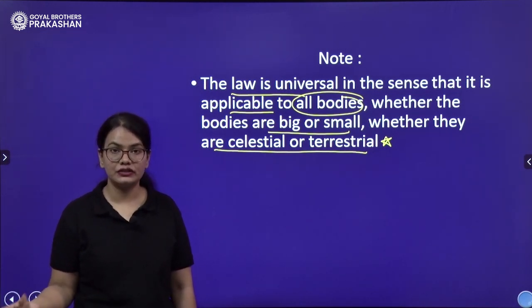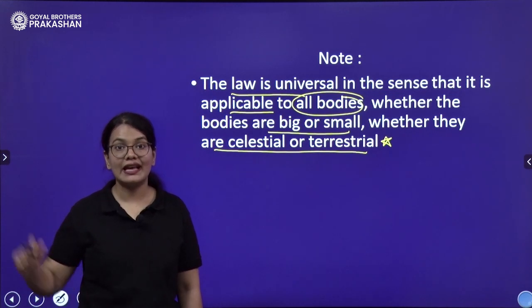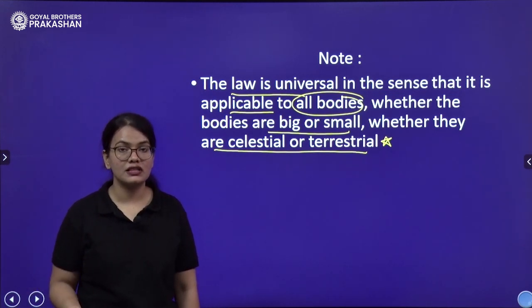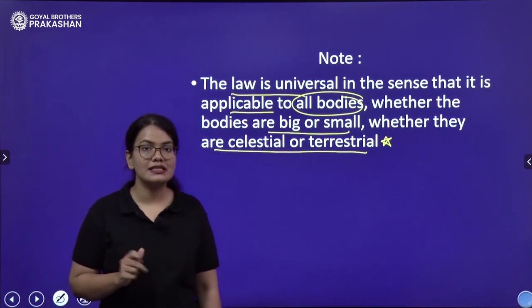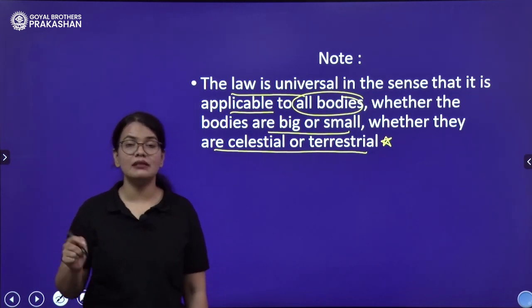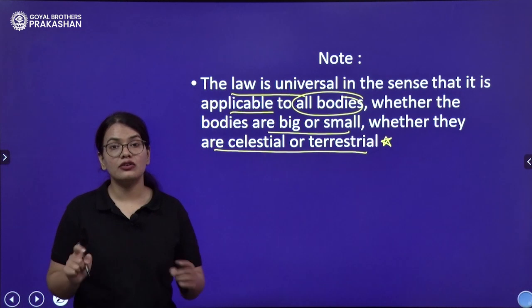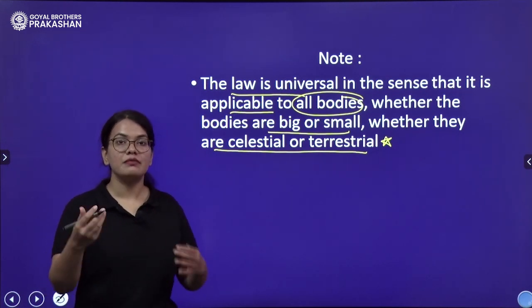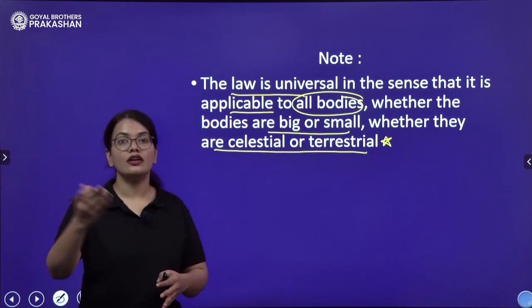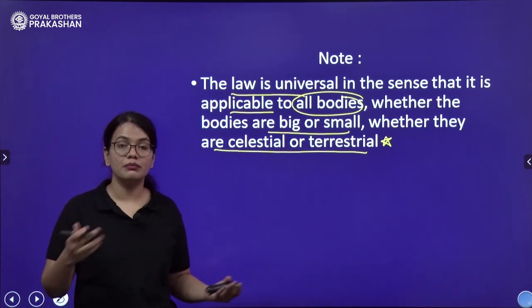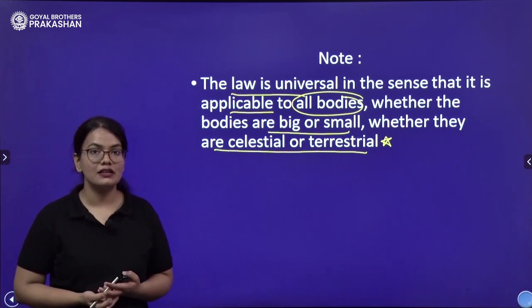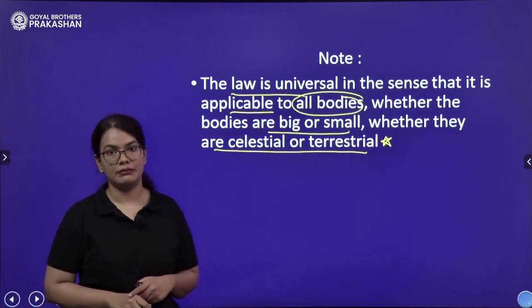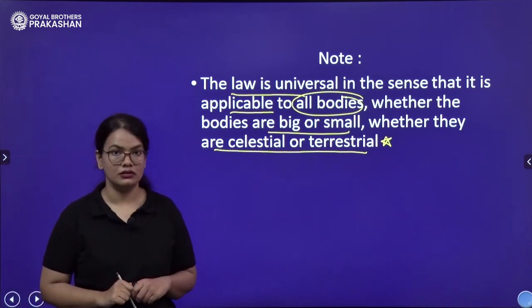Moon is a satellite of Earth. That is also a celestial body. Asteroids, meteoroids that you see, all these are celestial bodies. So, even on those bodies this law is applicable. Terrestrial means all those bodies which are on the surface of the earth. That means the table, the bed, you and your friend, your family members, the board, the pen, all these objects. On these terrestrial objects also this law is applicable. That is why it is called universal law.